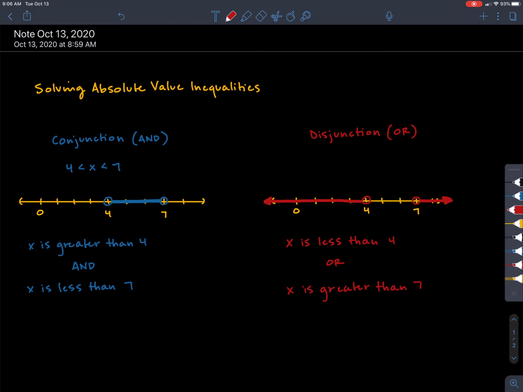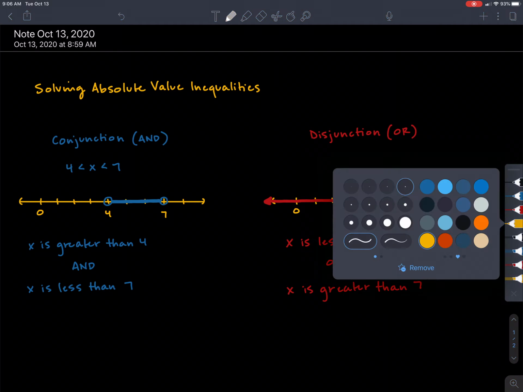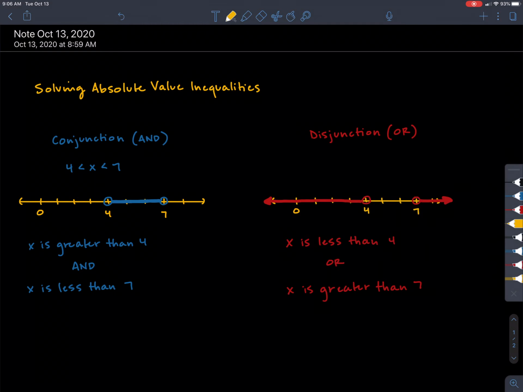So this is how we're going to distinguish between a disjunction and a conjunction. Okay, so those are 2 separate things.